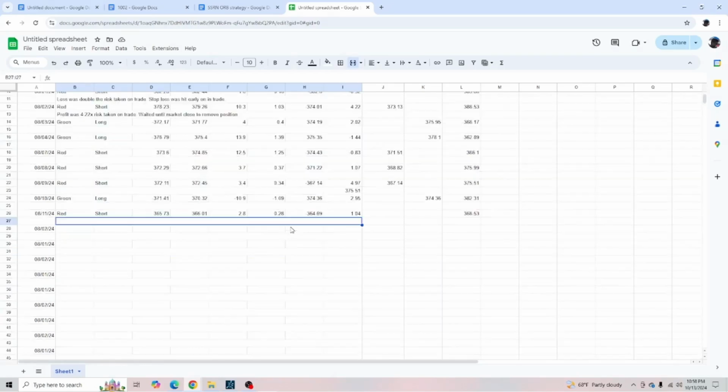By my standard, it's not bad at all. So I wanted to point that out, bring that to attention, and then highlight some other factors I think were important to note when it comes to this strategy.